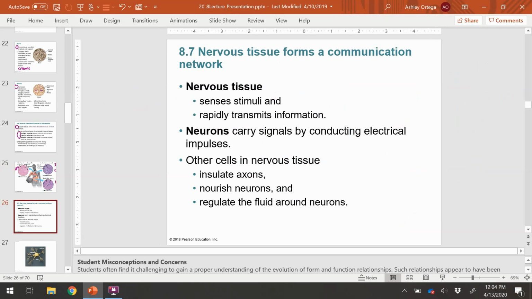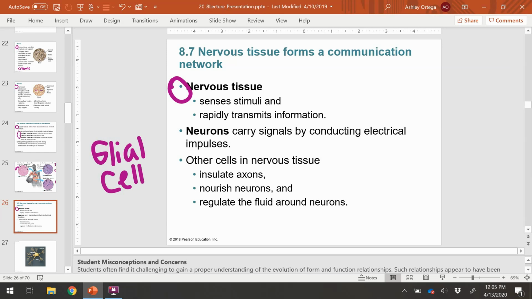Right, and so that brings us to the fourth tissue type, nervous tissue. Nervous tissue is responsible for sensing stimuli from the environment and then rapidly transmitting information. And so they do that through two types of cells. Neurons will actually conduct the electrical impulse. And then there are other cells called glial cells.